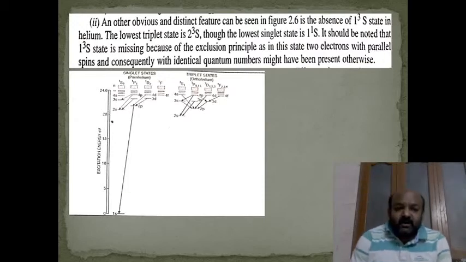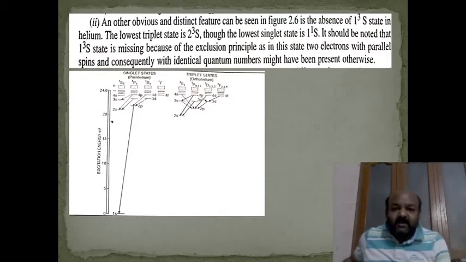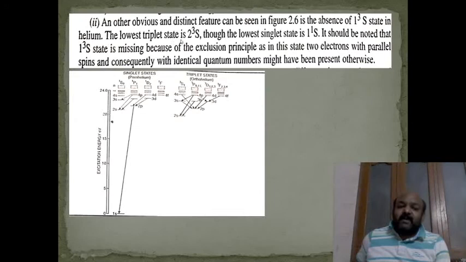One more peculiar feature related to the study of helium spectra is that if you look carefully at the spectra, we observe an absence of the 1 3S state in helium. The lowest triplet state is 2 3S. The 1s state is absent in the triplet state. Why is this?